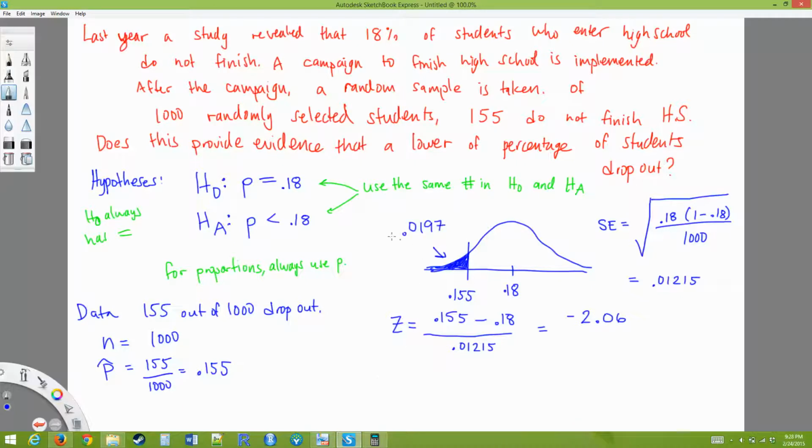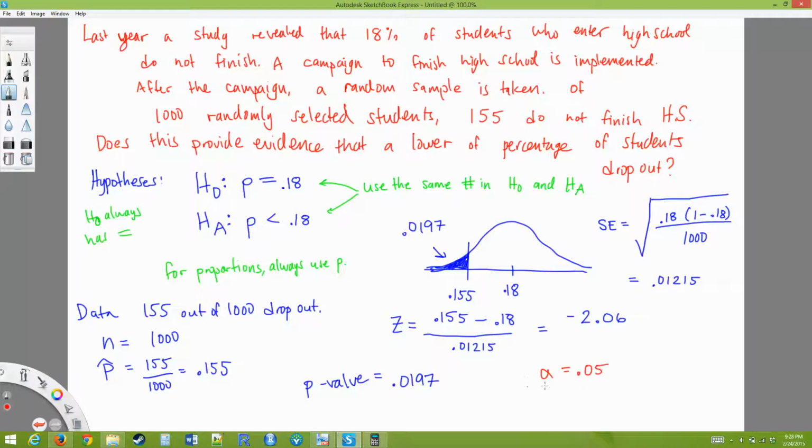This area is known as my p-value, 0.0197. So does that seem likely or unlikely? Unlikely. So the rule of thumb, not always, is that we set something called alpha equal to 0.05.